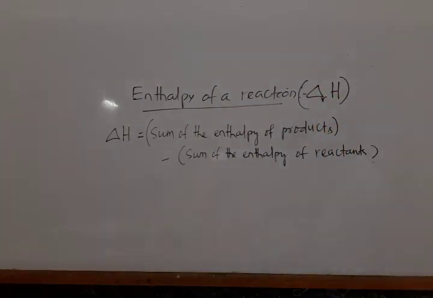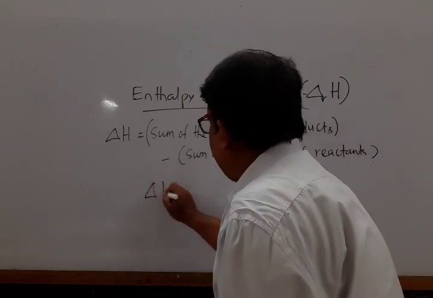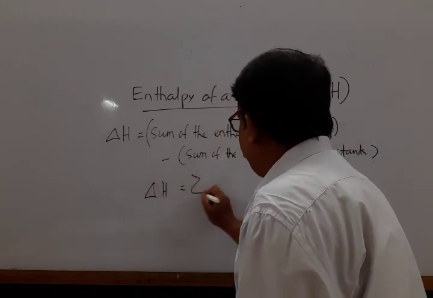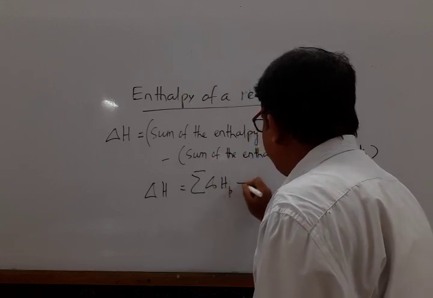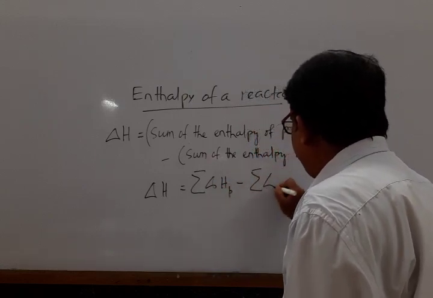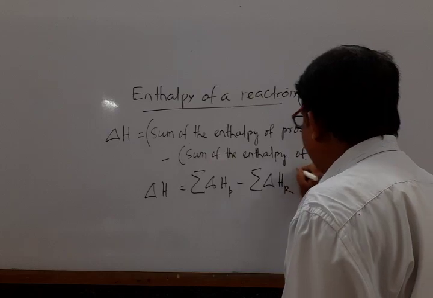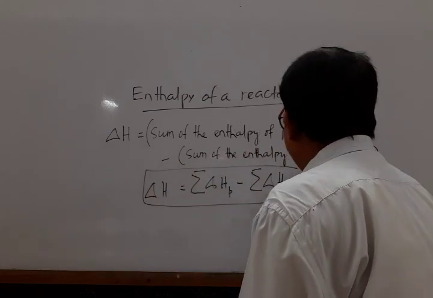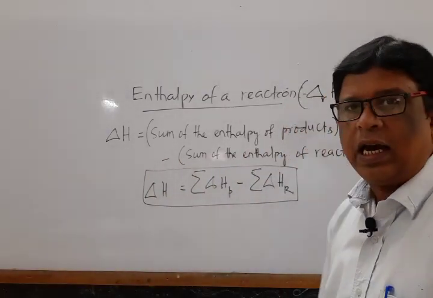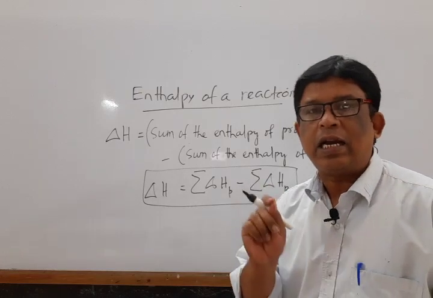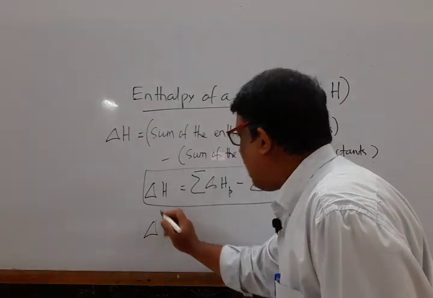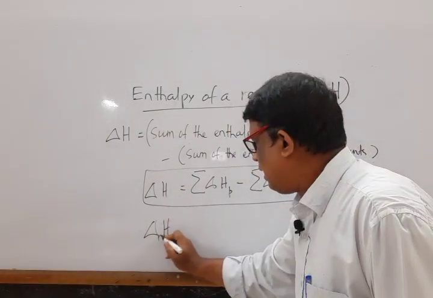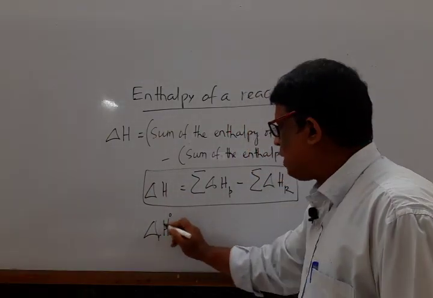Or also one can write, del H is equal to the sum total of enthalpy of products minus the sum total of enthalpy of reactants. Again, I repeat, if this data is recorded at a standard state, then it is known as standard enthalpy, and you write del H or del RH naught.